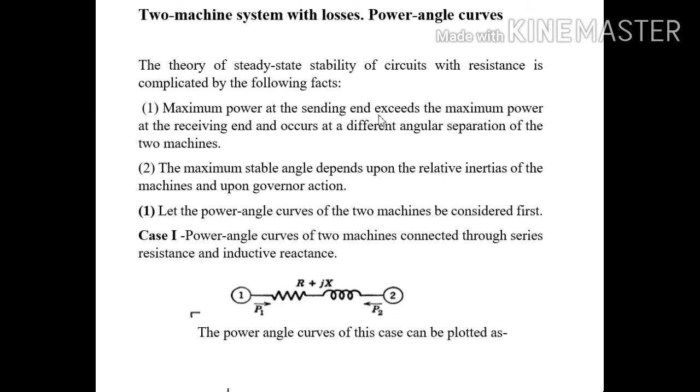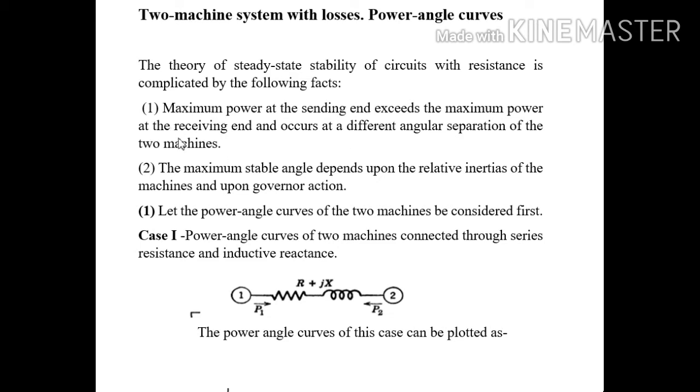The theory of steady state stability of circuits with resistance is complicated by the following facts. First, we will discuss why the steady state stability studies become complicated when we are considering the resistance in the circuit. There are two reasons. The first one: the maximum power at the sending end exceeds the maximum power at the receiving end and occurs at a different angular separation of the two machines.